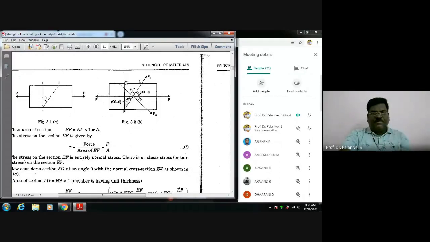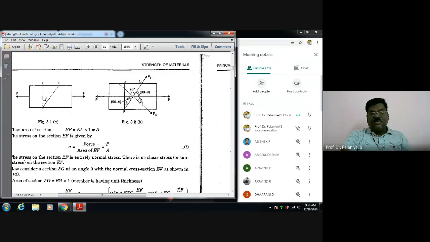The angle between vertical and inclined is theta. Therefore the angle between horizontal and the perpendicular to the incline is also theta.